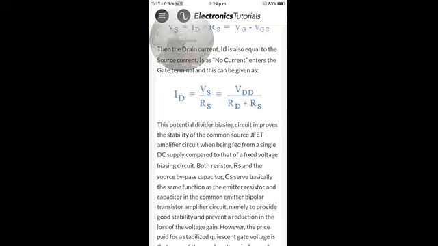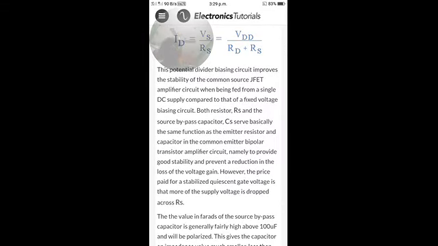The RS is going to provide the stability, whereas the source capacitor CS is effectively bypassing the amplified signal, thereby reducing the loss of the voltage gain. So the reduction in the voltage gain is avoided by bypassing the signal through this source capacitor.